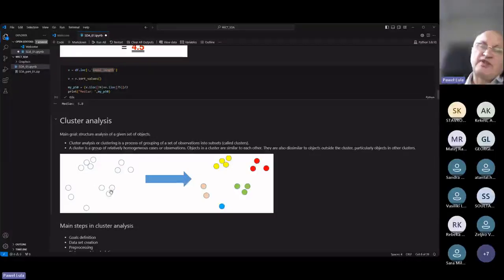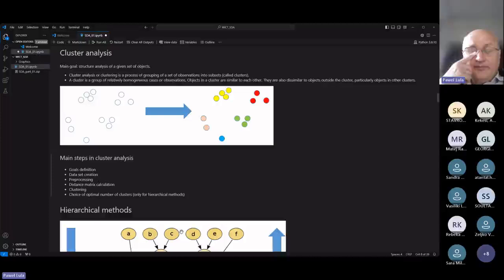Every object is represented by one row in our data frame, because we use data frames here for representing our objects. So it is the main goal of our analysis. We want to analyze the structure of our data set and to find clusters, it means groups of similar objects.